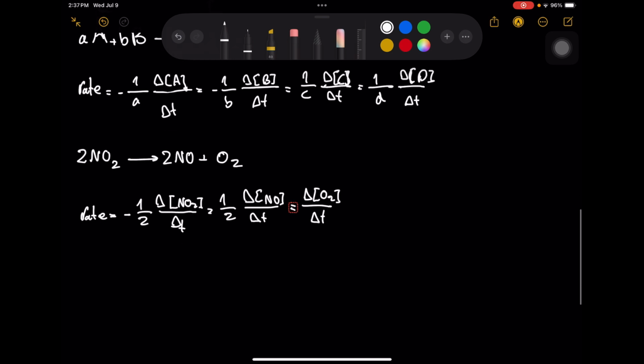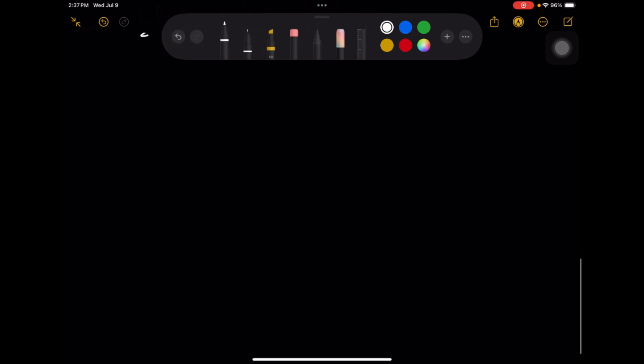If I want to give you another example to calculate it, the decomposition of N2O5 proceeds according to the equation 2N2O5 produces 4NO2 plus O2, so the coefficient of NO2 is 4.